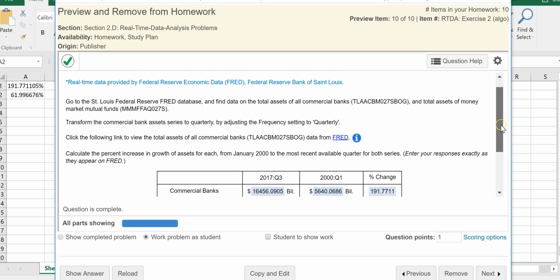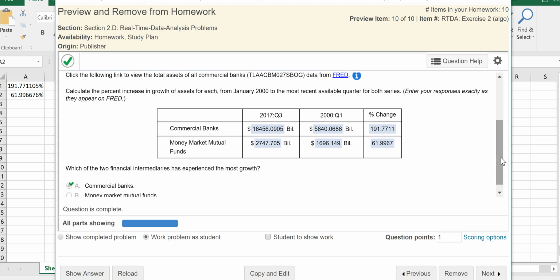All right, again, the purpose of this video is to show you that we need to be careful about the unit requirements for possibly different data series. In this case, we have two data series.